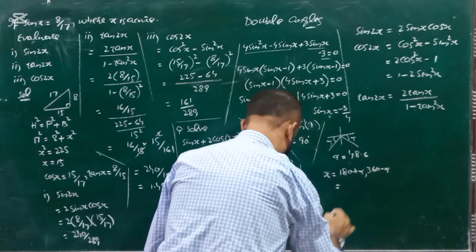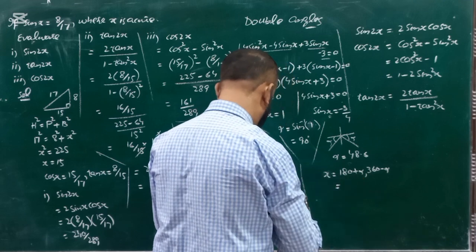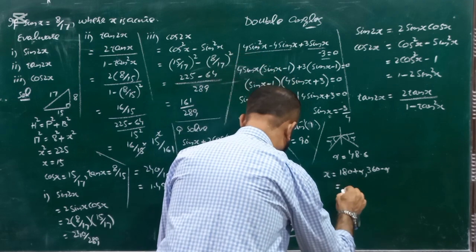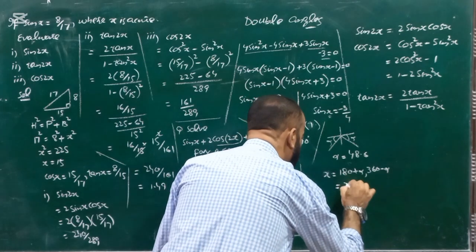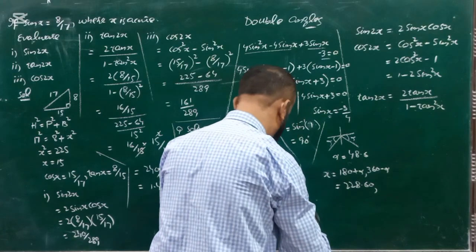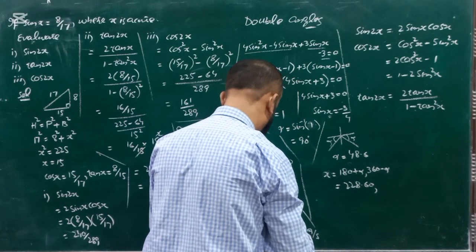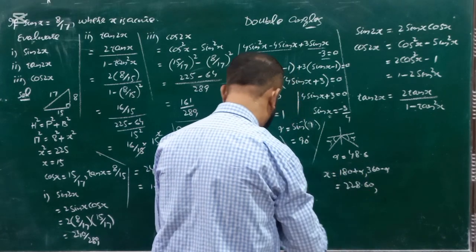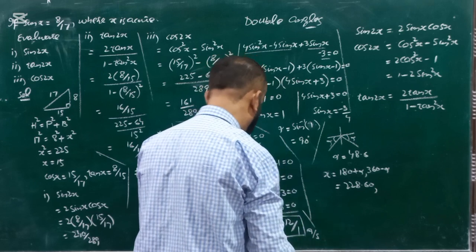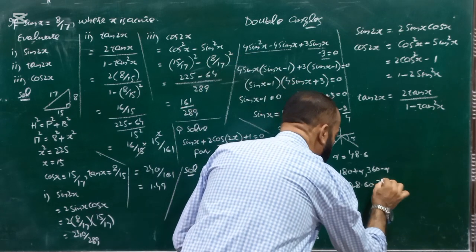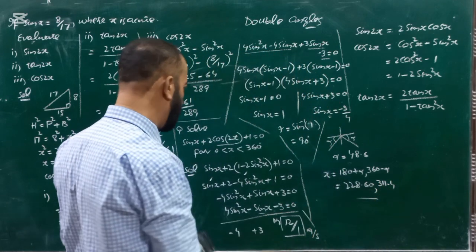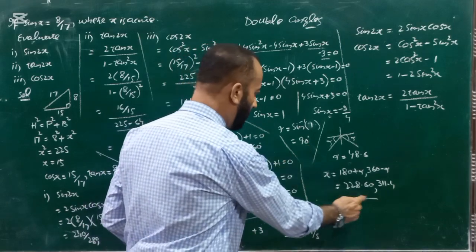So 48.6 plus 180 is 228.6, and 360 minus 48.6 is 311.4. So these are the answers: this angle, and this angle.